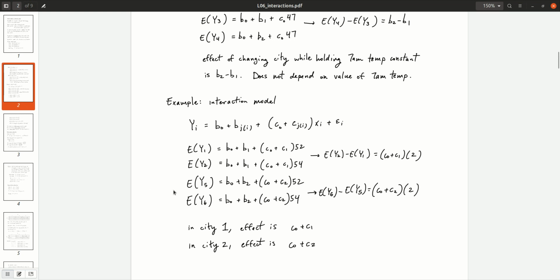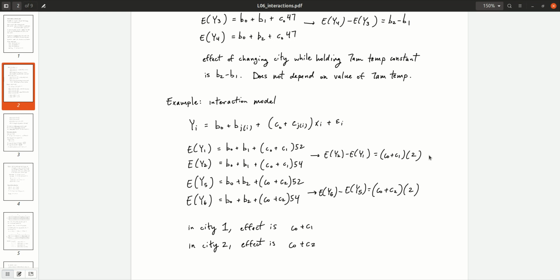So we can think of this comparison as the effect of changing 7 a.m. temperature by 2 degrees when you're in city 2 instead of city 1. So let's take the difference. That'll cancel, and we're left with 2 times C0 plus C2.